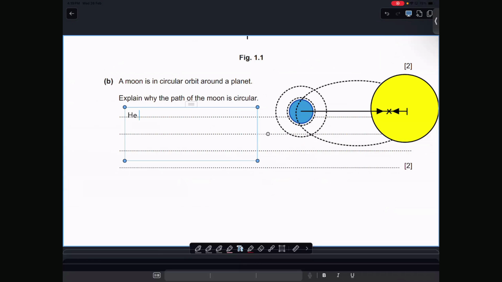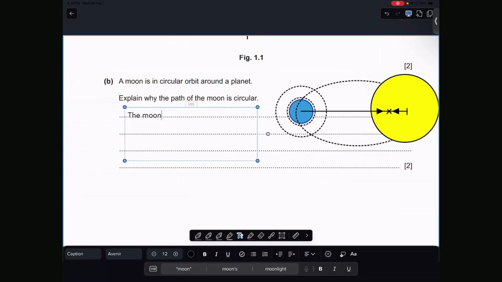The moon experiences a constant centripetal force exerted by the constant gravitational force provided by the Earth.